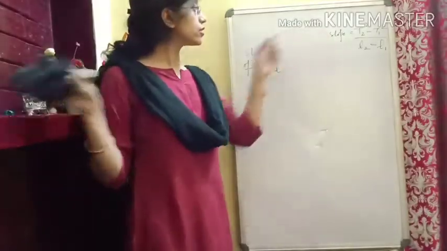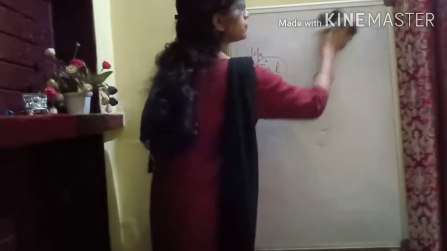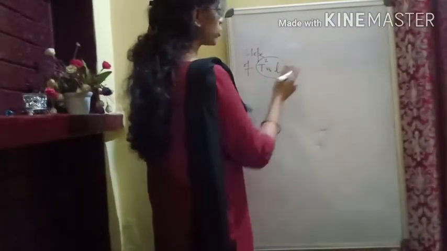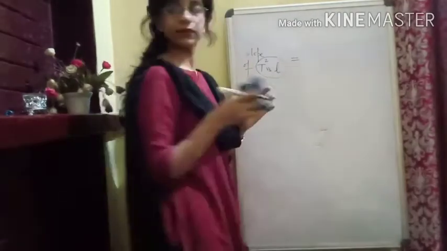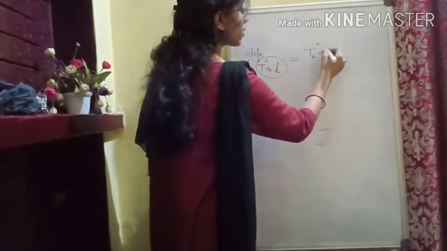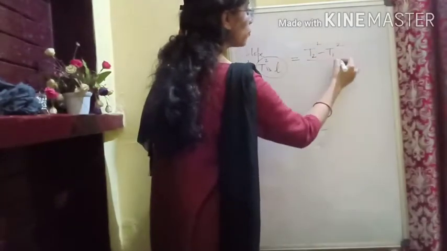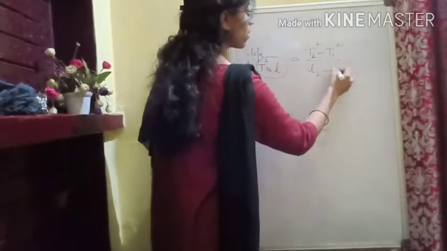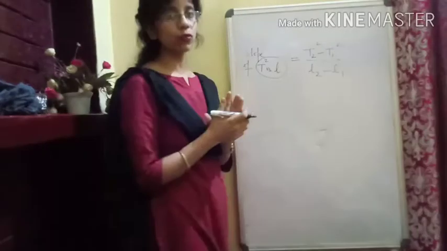We have calculated the slope of the graph. What is the slope coming? It is t2 square minus t1 square upon L2 minus L1.